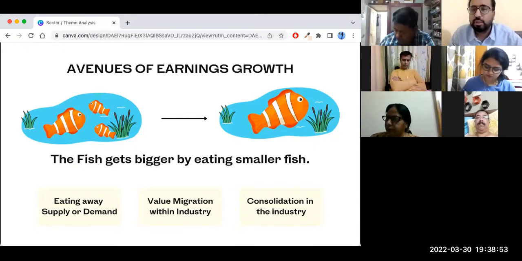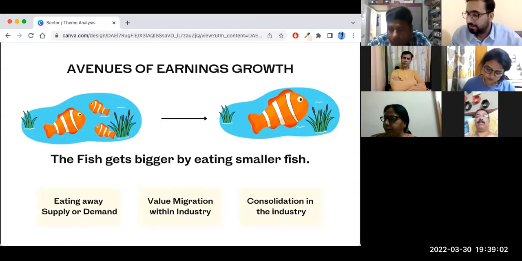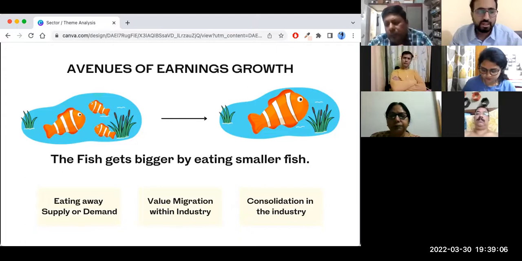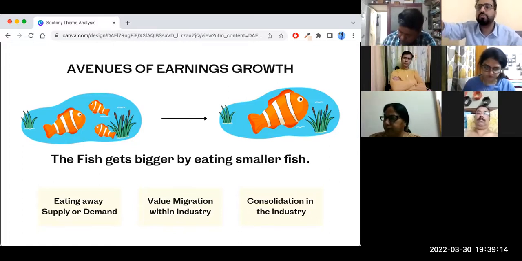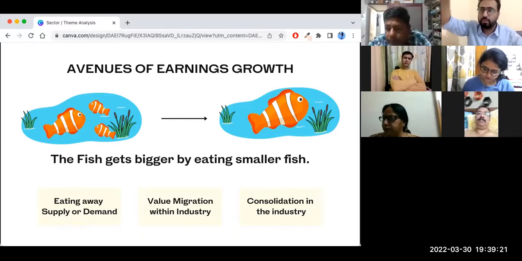You eat away the entire supply or the demand. Now, how do you eat away the demand? Eating away demand is actually simpler, because all of you would understand that if you do very aggressive marketing, aggressive branding, then you convert customers of other companies to customers of yourself.